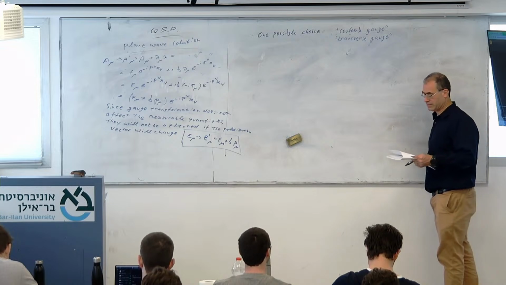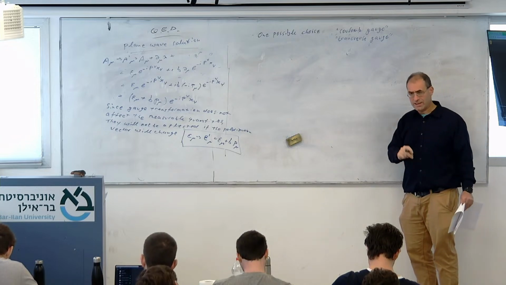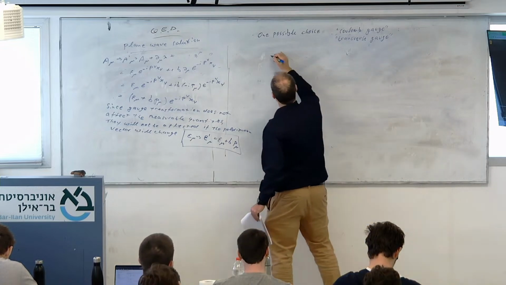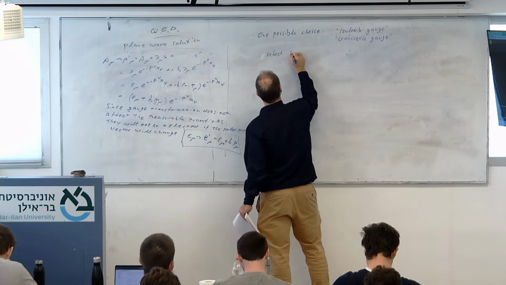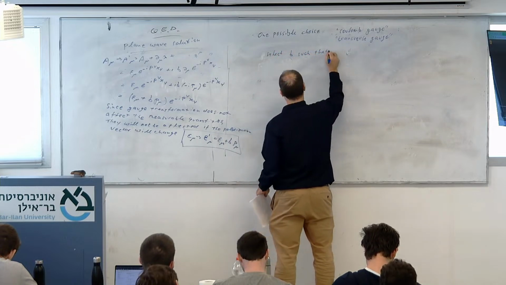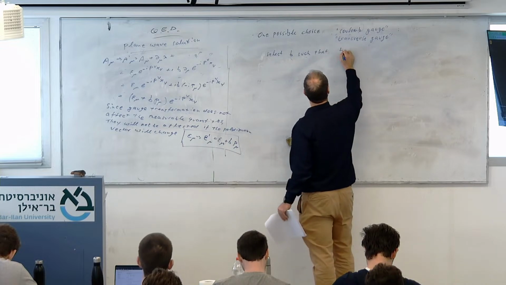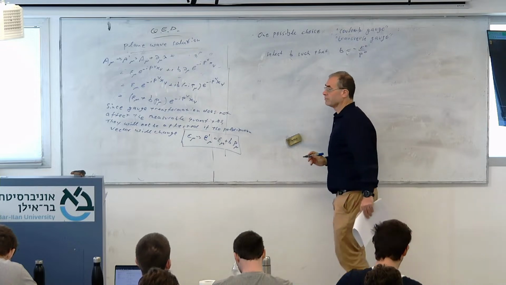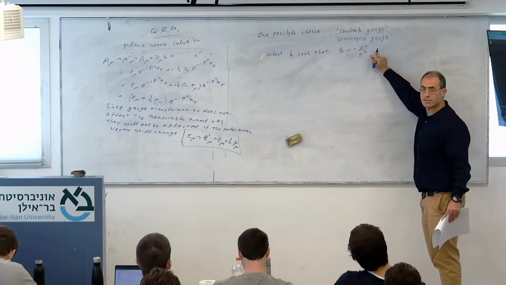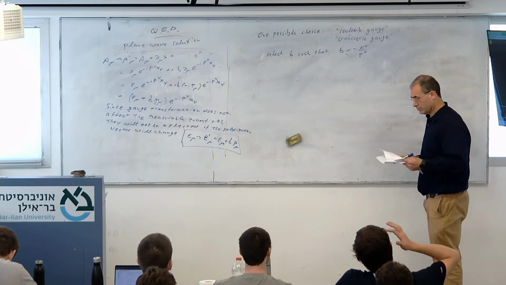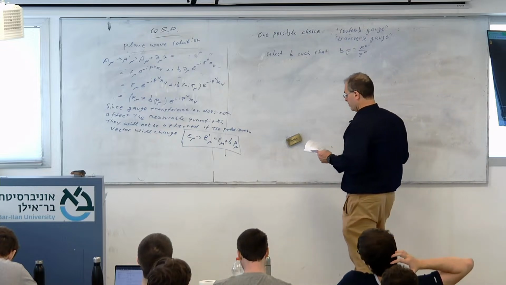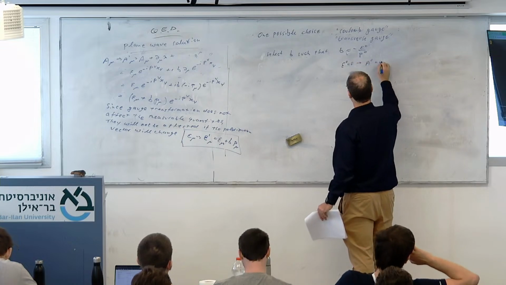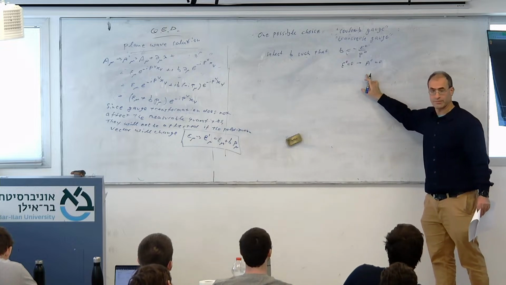We select b such that the time-like component of the polarization is 0. So b is equal to minus epsilon 0 over P0. These are the time-like components of the polarization vector and of the momentum. Of course, this gives epsilon 0 equal to 0. That means that A0 is equal to 0, but this is just the time component.